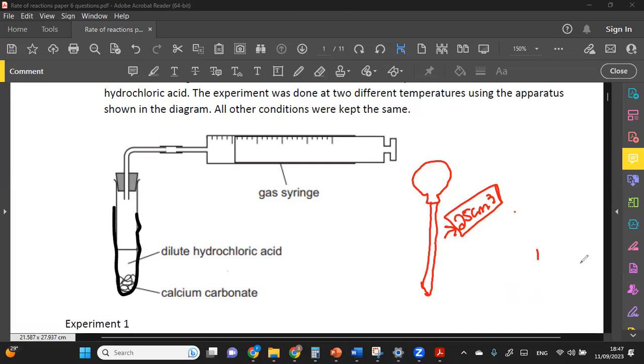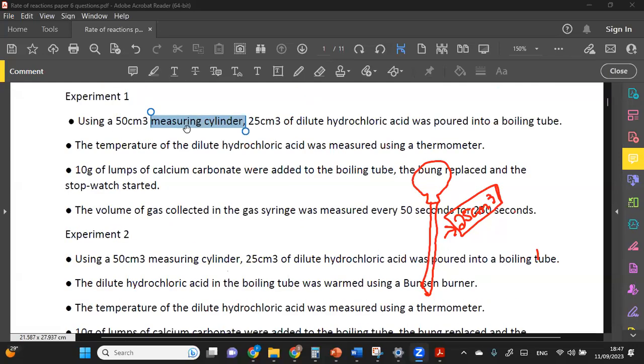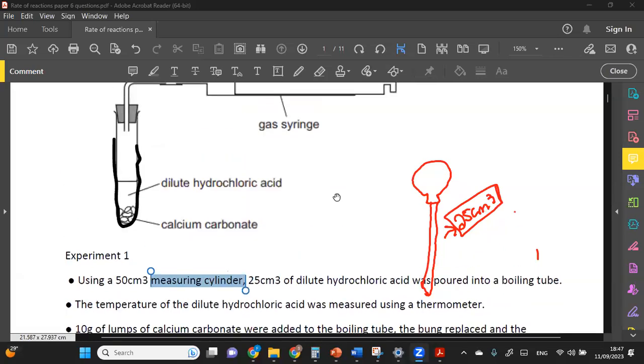I can use a measuring cylinder, a beaker, or any other chemical apparatus, but this is known as a pipette. A pipette would be the best choice over here because it collects exactly 25 centimeter cube. So instead of using the measuring cylinder, I can use a pipette. Those are the two changes you can make to the apparatus.